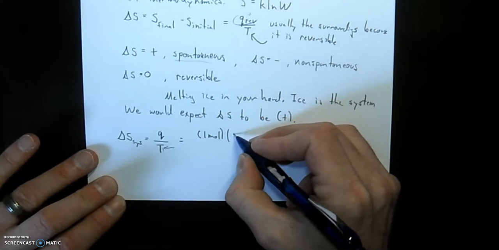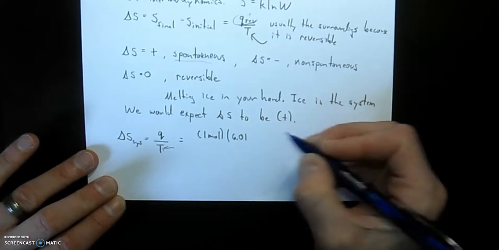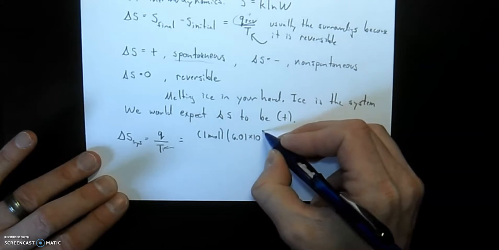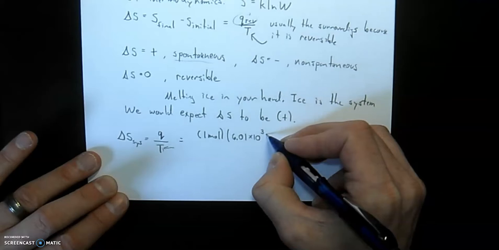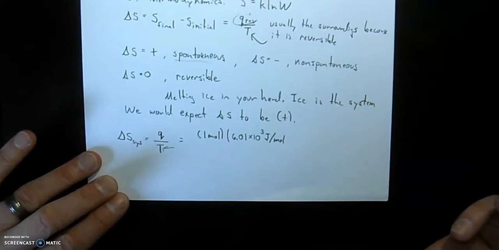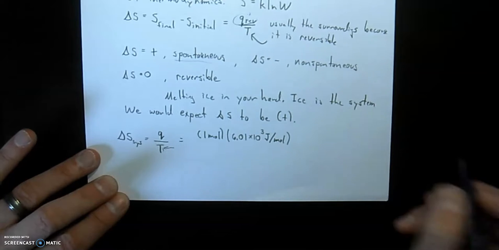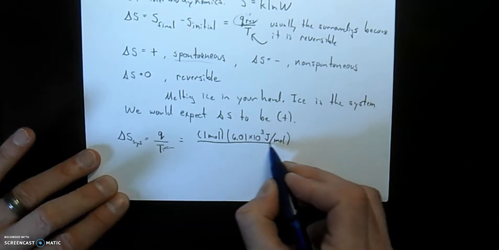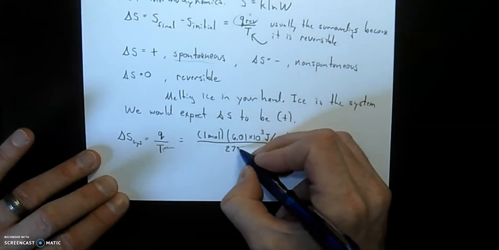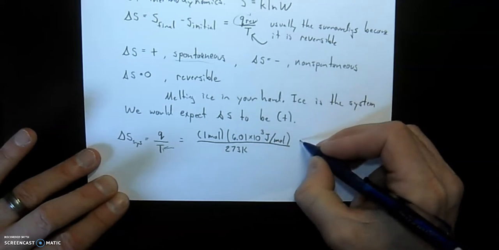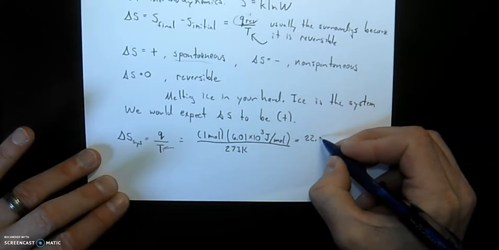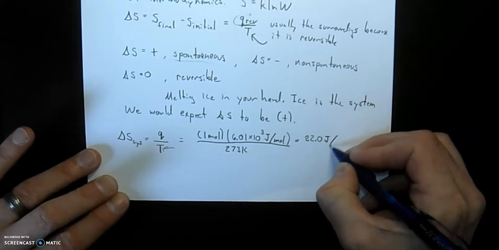And if we take a look at the amount of energy being absorbed by the ice in order to melt, this is the heat of fusion, the energy involved per mole, so molar heat of fusion for ice. So it has to absorb that much energy, and given a temperature of 273 Kelvin, if we do all the math here, it would end up being 22.0 joules per Kelvin.